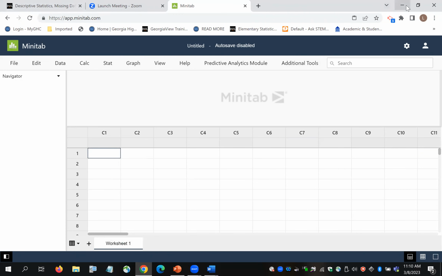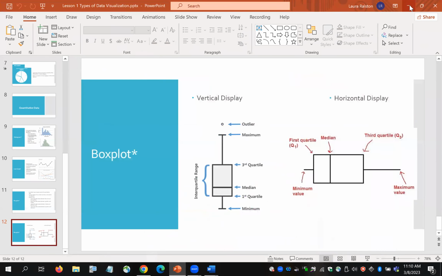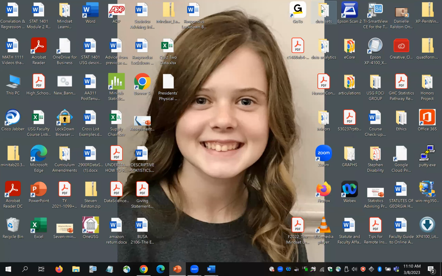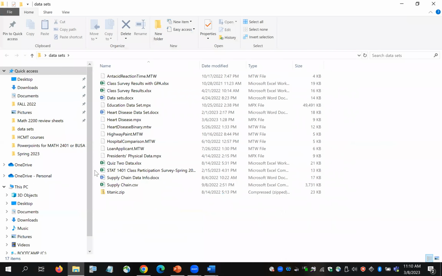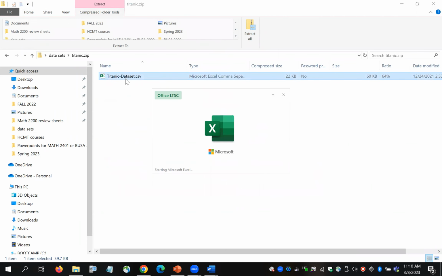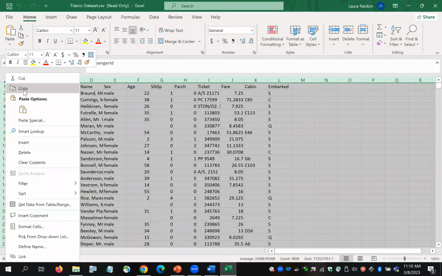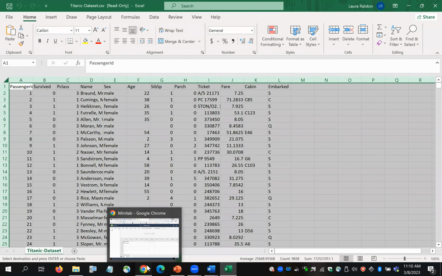I'm sorry. If you don't use Minitab for a while, it will automatically time out, and mine has. So let me go back and get our data set again. Let's use the age of the passengers.